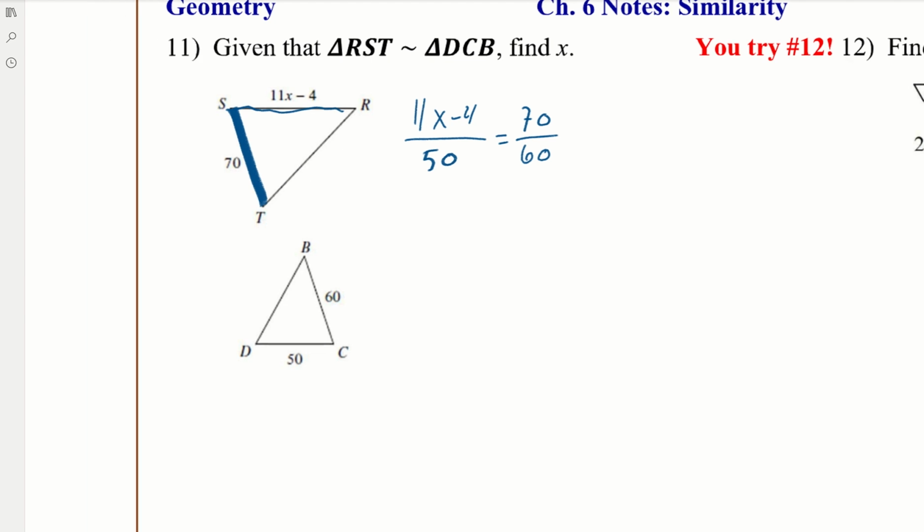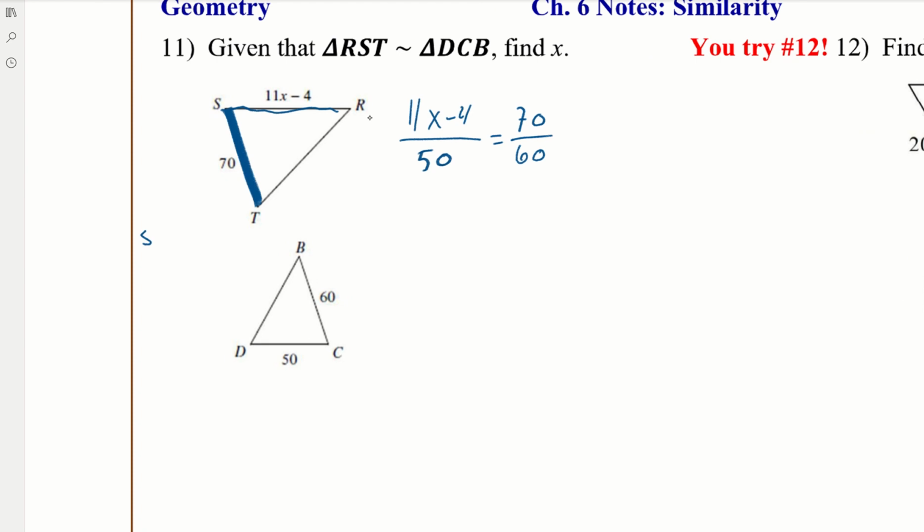So my proportion is this, that SR over CD, that ratio is equal to ST over CB. And then I'm going to plug in the values there. Okie dokie.